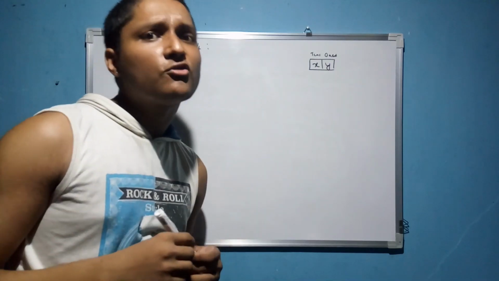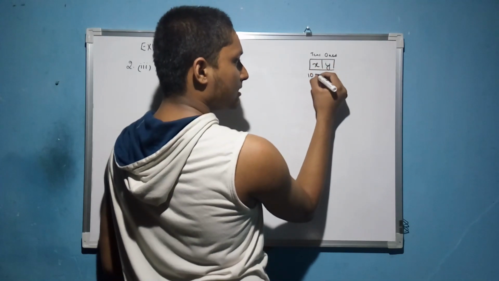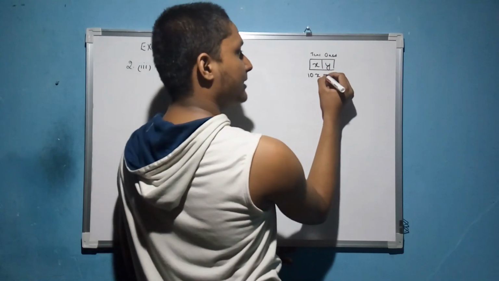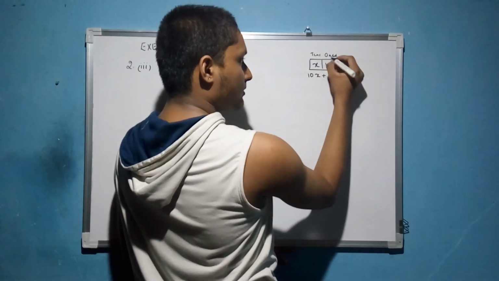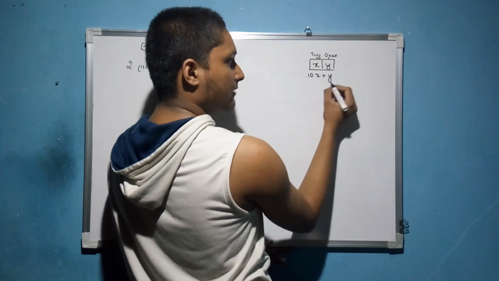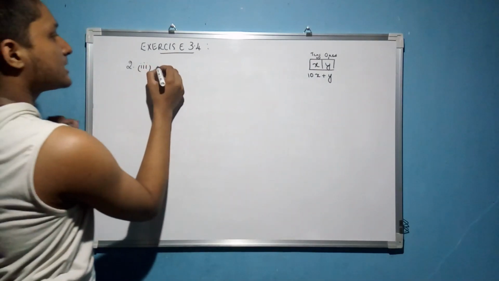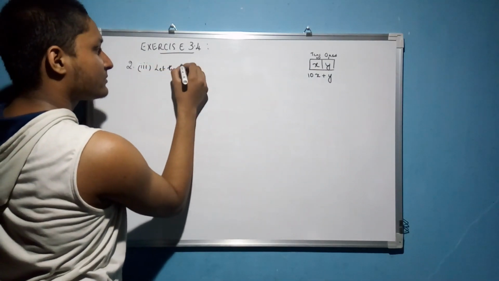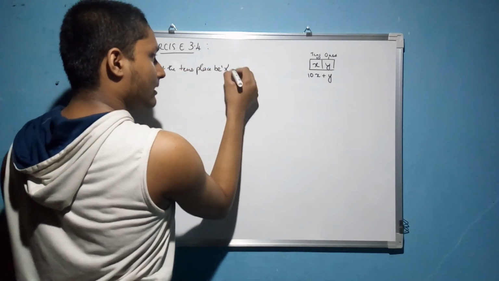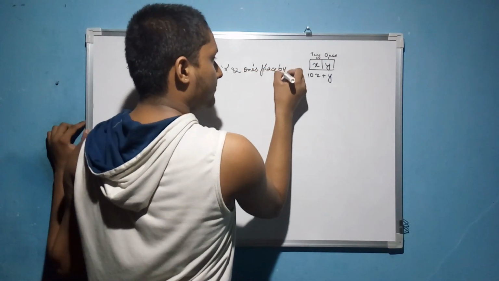So what will be the value of this in algebraic form is 10 times, this is face value and place value, I think you have heard about that. So this is 1 and this is 10. So 10 into x plus 1 into y, that is 10x plus y is going to be the number. So while explaining you should write: let the tens place be x and ones place be y.